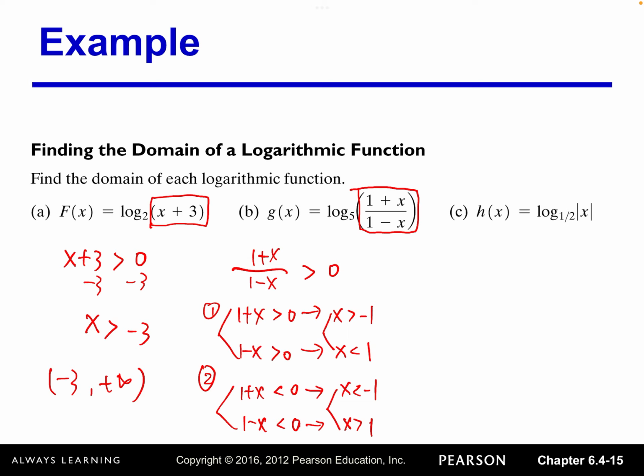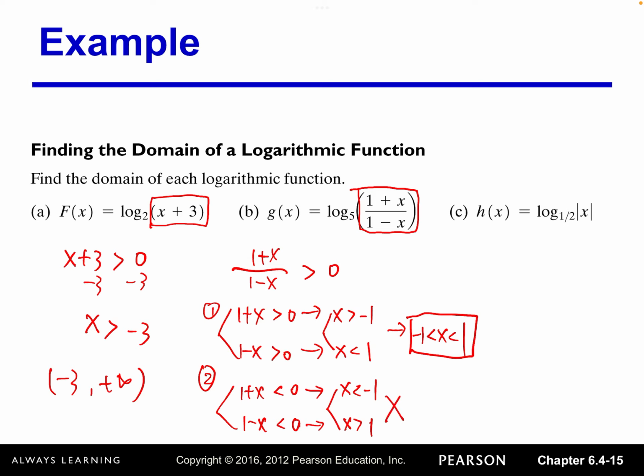Combining the first pair, we derive -1 less than x less than positive 1, a combined inequality. Combining the other two, we cannot find a number less than -1 and greater than positive 1 at the same time. So this one has no solution.